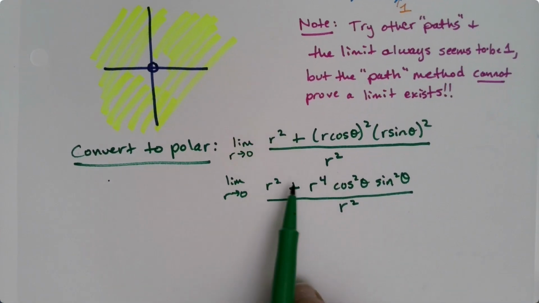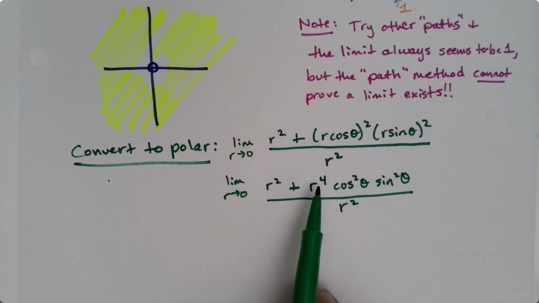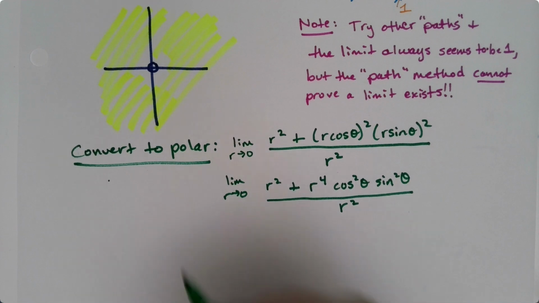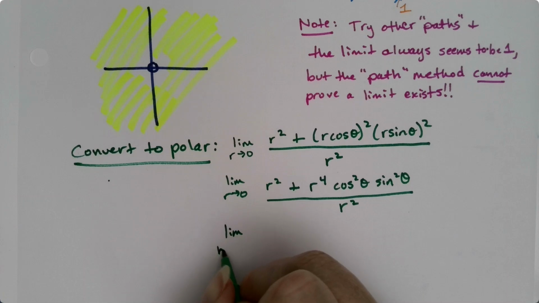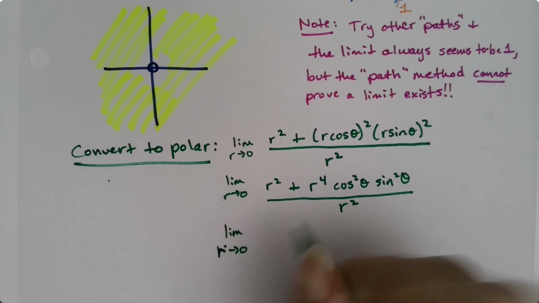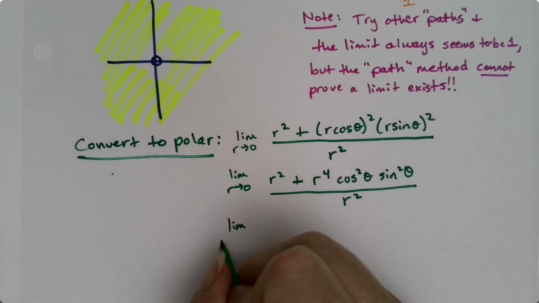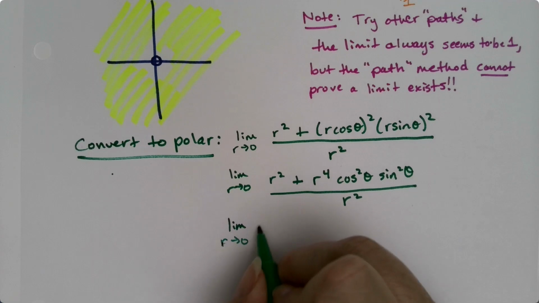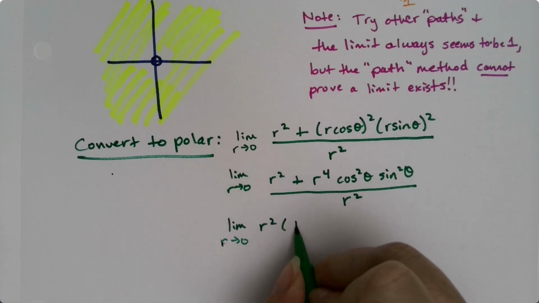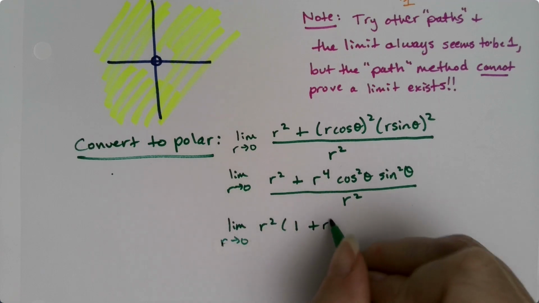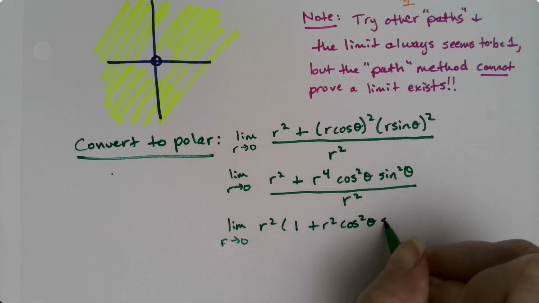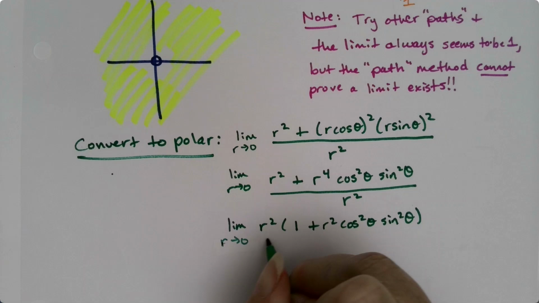Now these terms in the numerator both have an r squared in them, right? So we can factor an r squared out. So this is the limit as r goes to 0 of, I'm going to factor r squared out. That leaves me 1 plus r squared times cosine squared theta sine squared theta, over r squared.